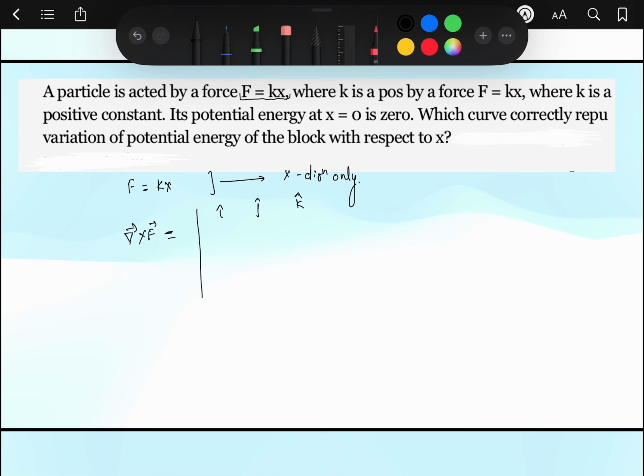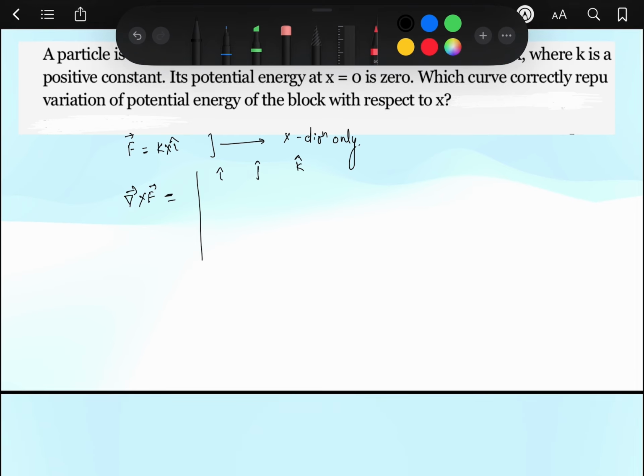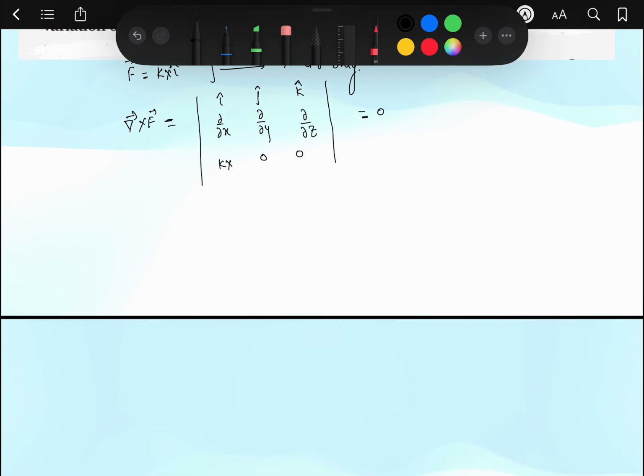If I take F vector equal to kx i cap, then del by del x, del by del y, del by del z, and the x component of this force is kx, and the other components are 0. When I solve this determinant, I will get the 0 value. That means this force is a conservative force. So F = kx is a conservative force.